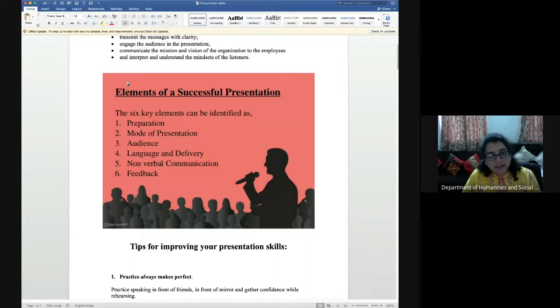You can deliver the mode of presentation through giving notes. People are writing whatever notes you are giving, and that is how they gain the content. So the mode of presentation could be of many types. It could be through PowerPoint, chalk and board, lectures, surveys. You can give handouts, you can give notes, or there could be many others. So these are the modes of presentation.